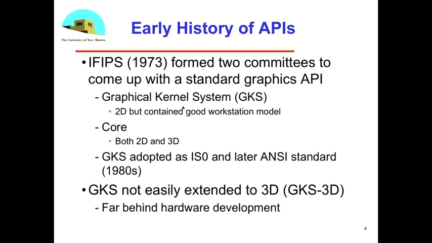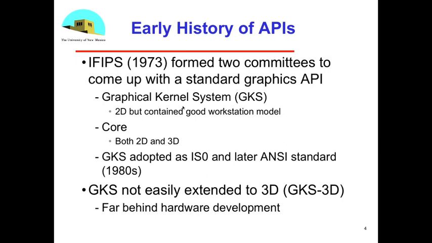And so when they tried to extend GKS to GKS-3D, it just didn't work very well. At that point, it was way beyond what was really going on in the workstation community, in particular with hardware. Core was included in the first Sun workstations.